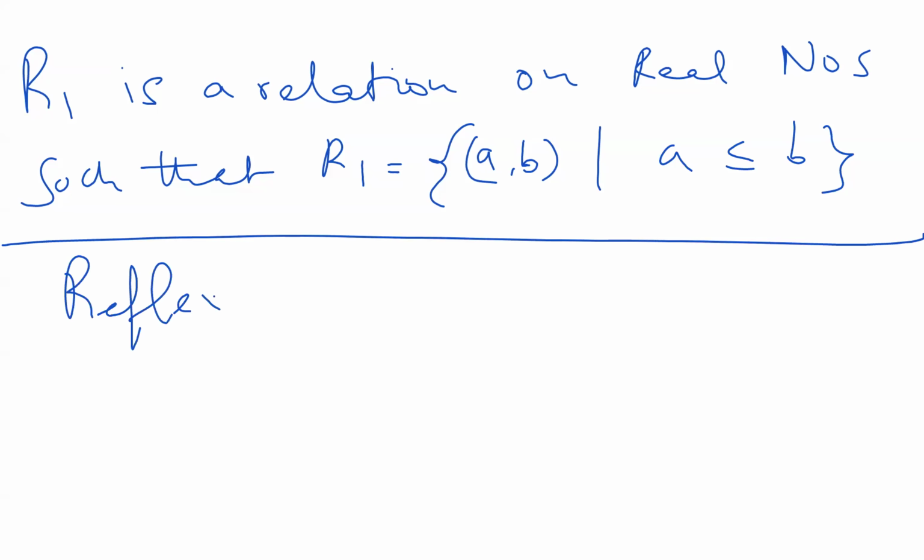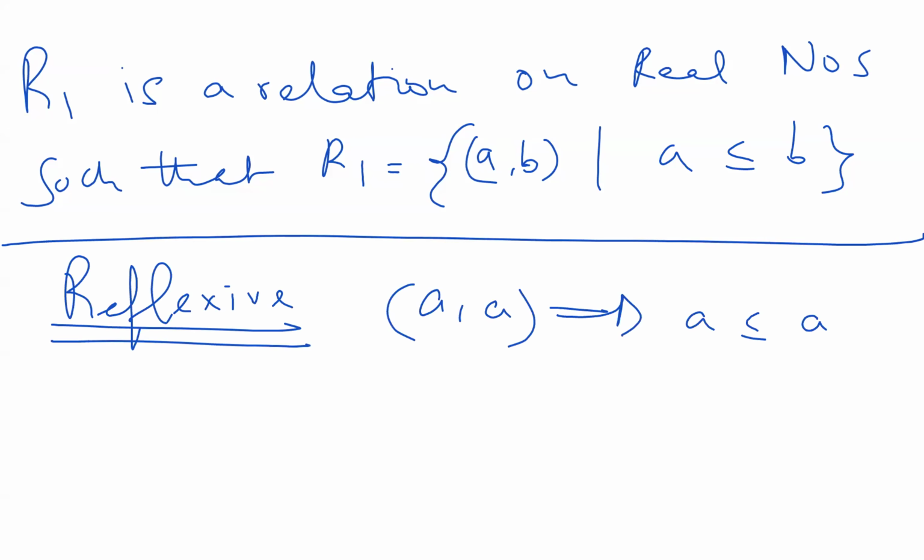Reflexive. A comma A, this implies what? A is less than or equal to A. Why am I writing A comma A? An object should be related to itself.